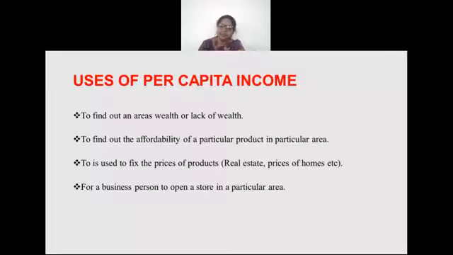To find out the affordability of a particular product in a particular area. Affordability means the ability to purchase. That is the meaning of affordability. So, for a particular product in a particular area, in town areas, suppose in the metropolitan city of Chennai, we can see many car showrooms, Benz, Audi.